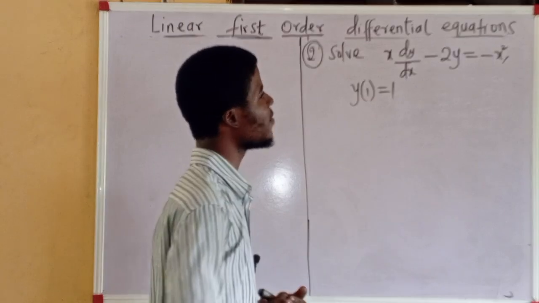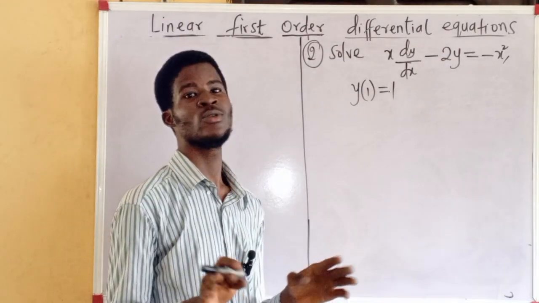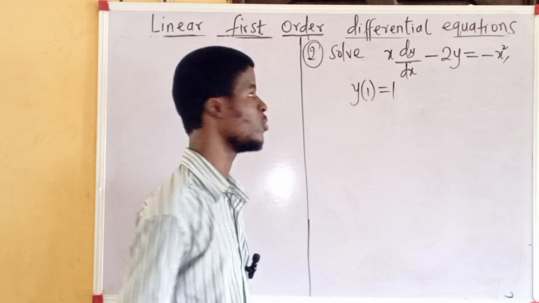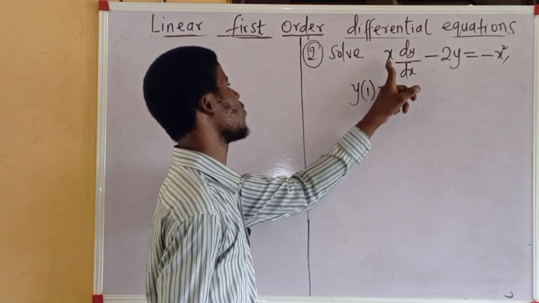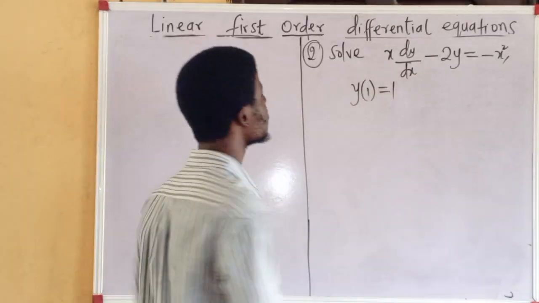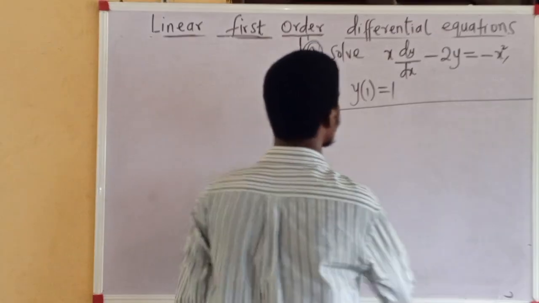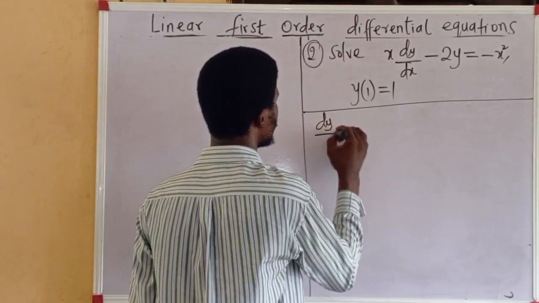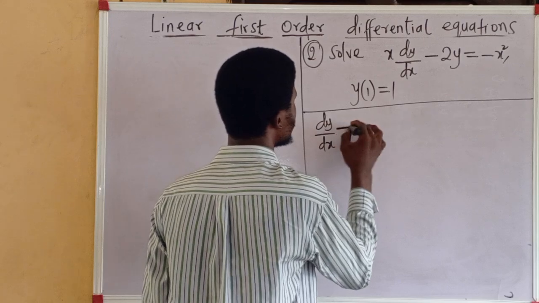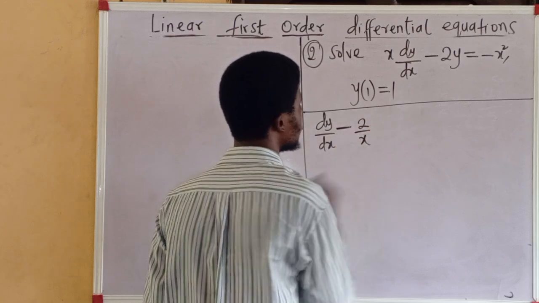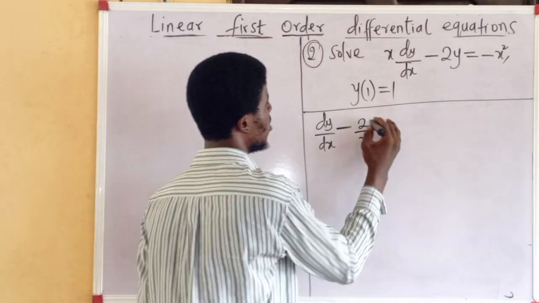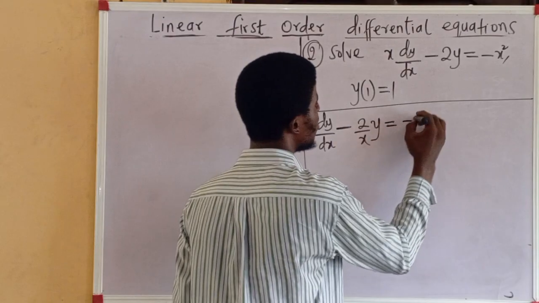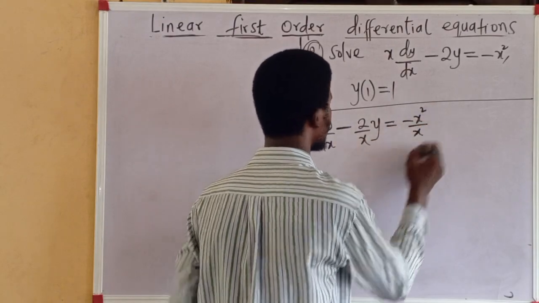It's a linear differential equation, but let's arrange this to the general form of a linear differential equation. We have to divide both sides by x. So this is it. Dividing both sides by x, dy dx minus 2 over x times y equal to minus x squared all over x.